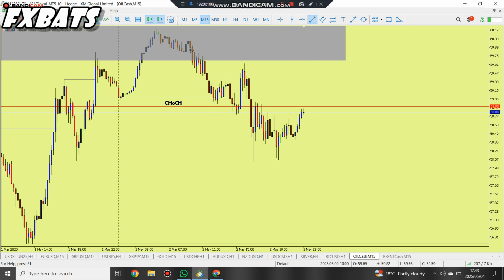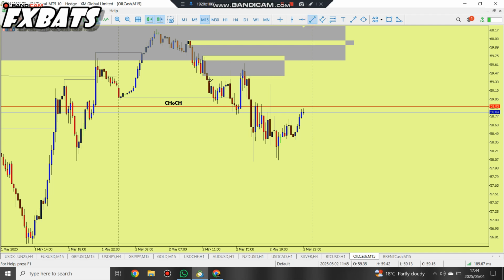After price created a CHoCH, I marked my areas of origin, my order blocks of origin. On 15, this was the first one, and another one was here. These areas are not mitigated; you can see there's a small gap here.